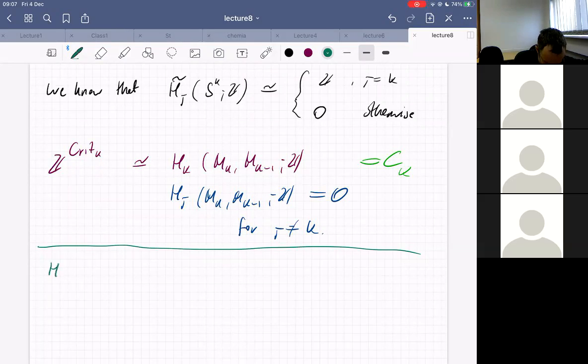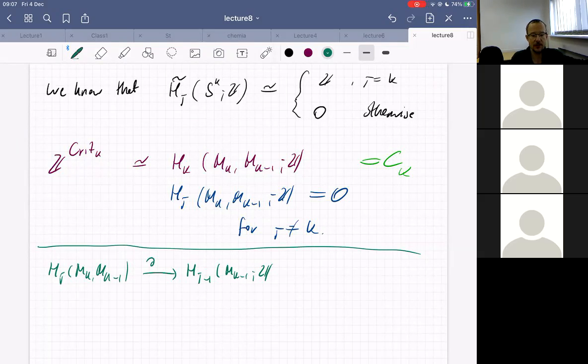So we start with HJ of MK minus 1. What can we do? I omit for the moment Z coefficients. We can go to HJ minus 1 of MK minus 1, Z. That's the connecting map in the long exact sequence of a pair.